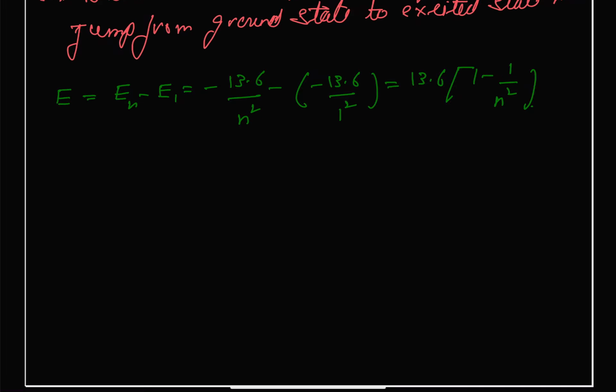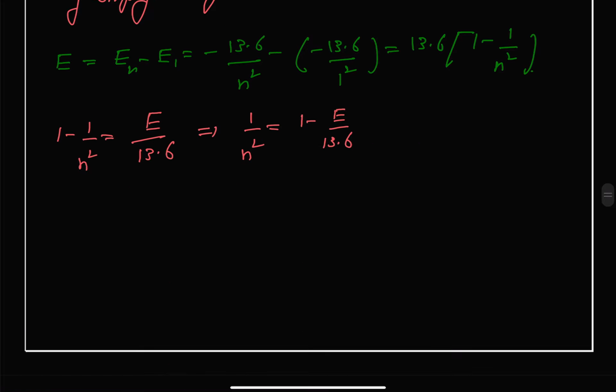We need to find the value of n, so we can rearrange it in terms of E. We get 1 minus 1 upon n square is equal to E upon 13.6, or 1 upon n square is equal to 1 minus E upon 13.6, and the value of E is 12.76. So 1 minus 12.76 divided by 13.6 comes as 1 minus 0.938.